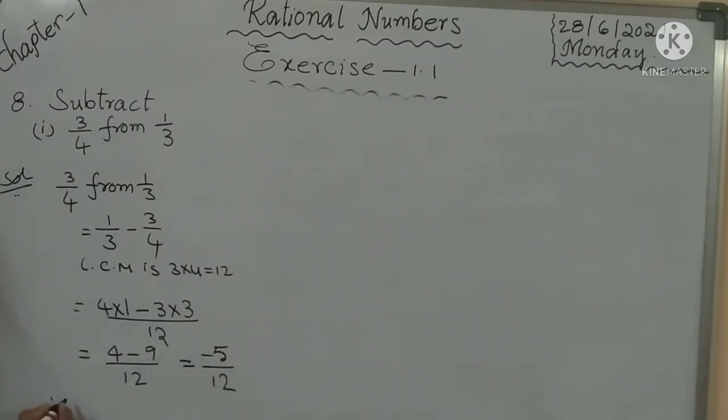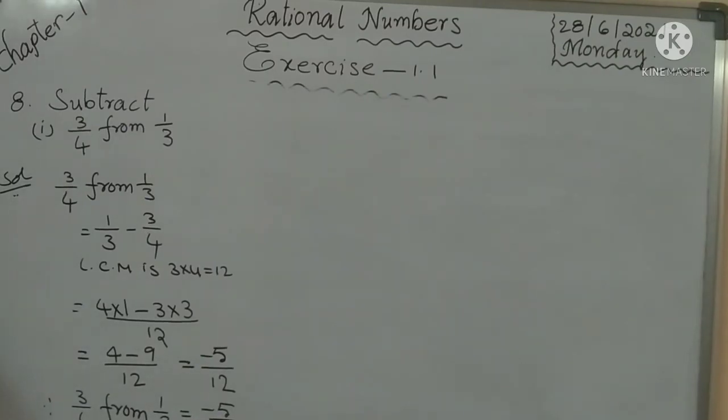Therefore we get the answer: 3 by 4 from 1 by 3 is equal to minus 5 by 12. Understand? Yes. Of the 8th Roman numeral, I explained the first one; the remaining 2 problems do as homework. Okay? Right.